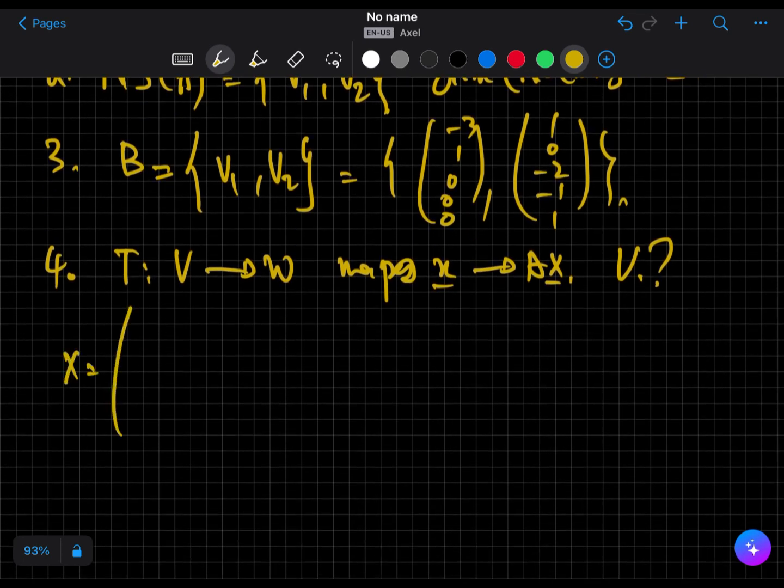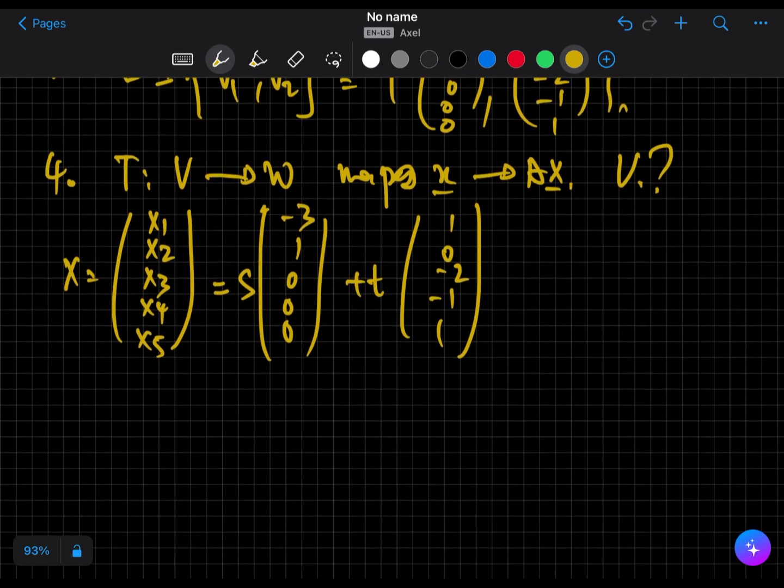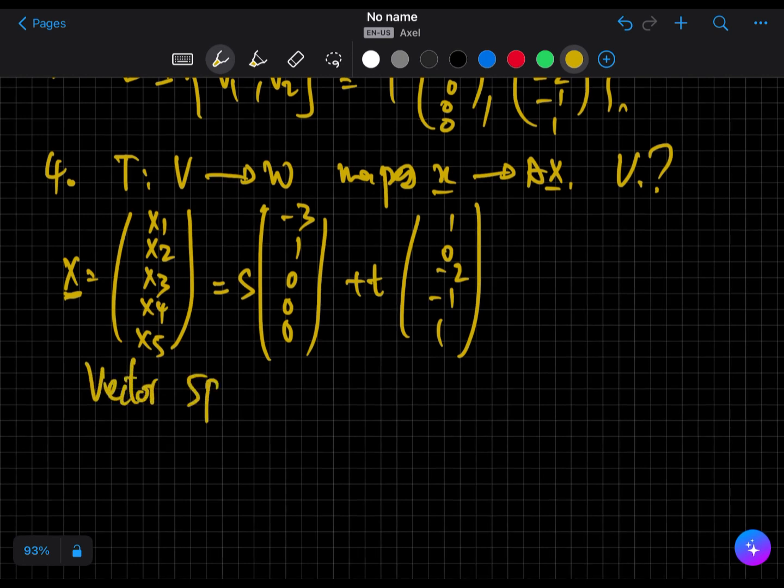Remember our solution: x1, x2, x3, x4, x5, which we got as s times minus 3, 1, 0, 0, 0 plus t times 1, 0, minus 2, minus 1, 1. So we can see that V maps from x. So the vector space of V is R5. You can see that because you have 1, 2, 3, 4, 5 components. So this will be R5.